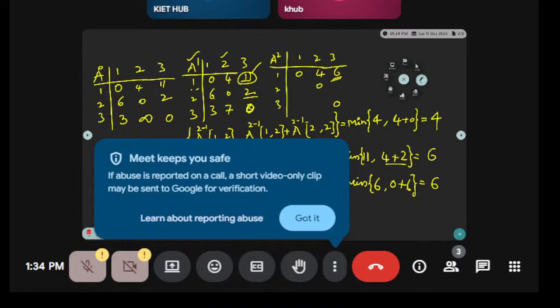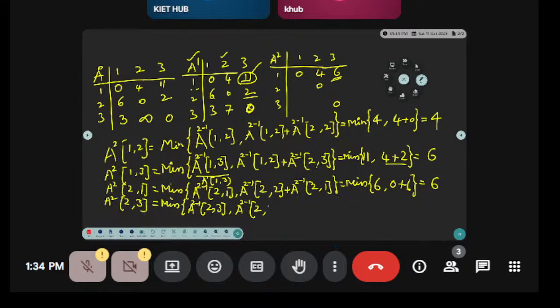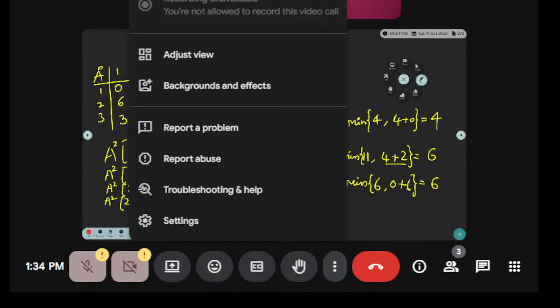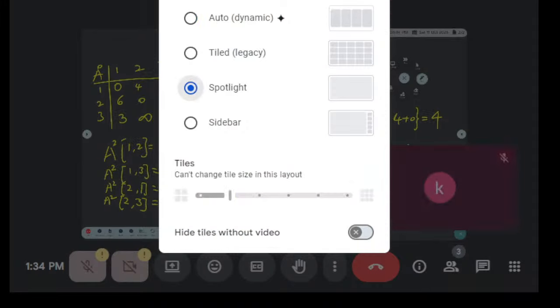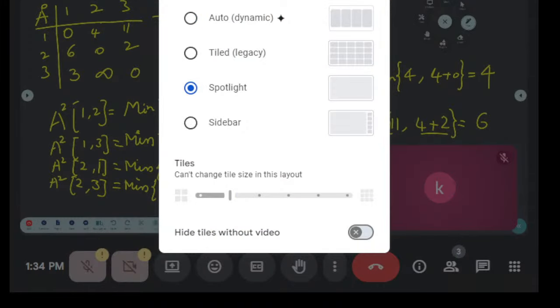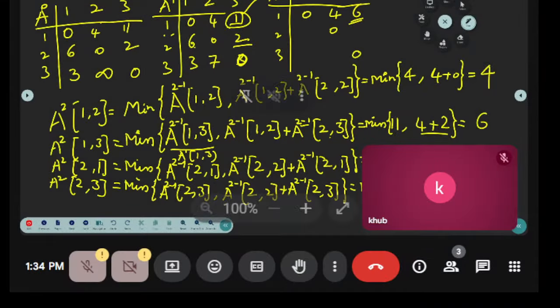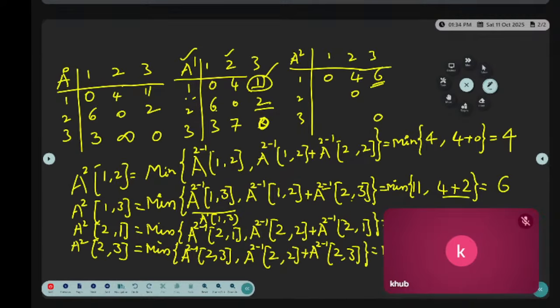A power 2 minus 1 of 2 comma 3, comma a power 2 minus 1 of 2 comma 2 plus of 2 comma 3. Understood? Do it, I am writing this roughly.